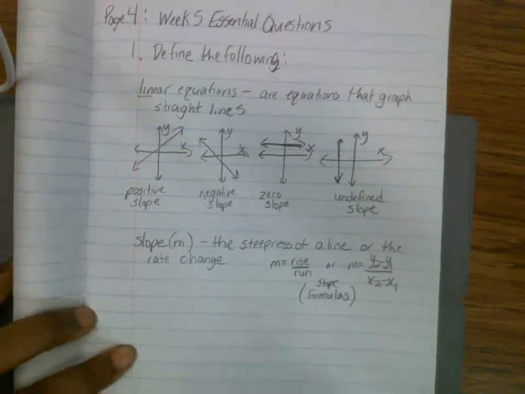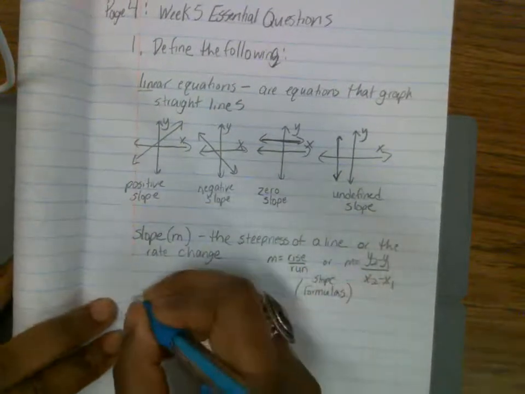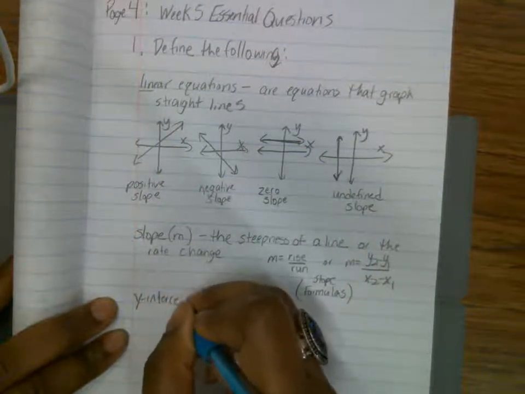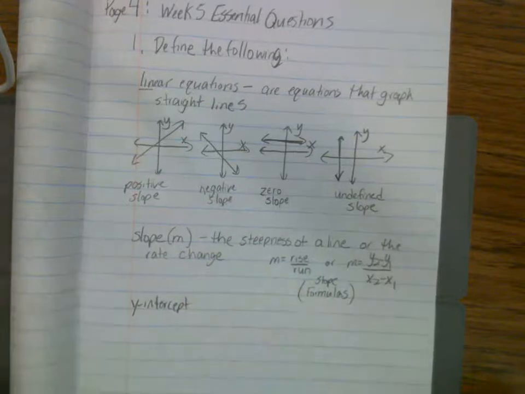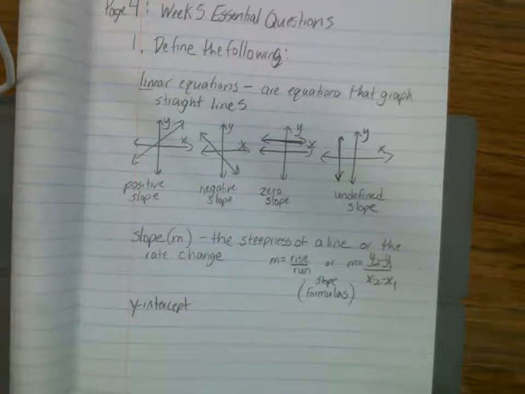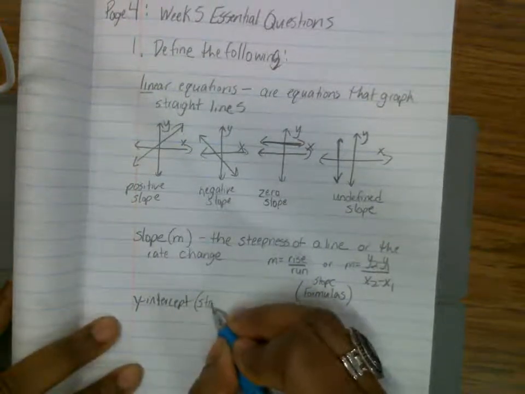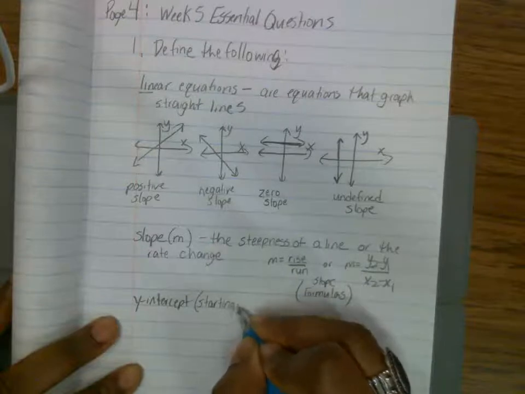The last vocabulary word is going to be y-intercept. Your y-intercept is also known as the starting amount, especially in a word problem.